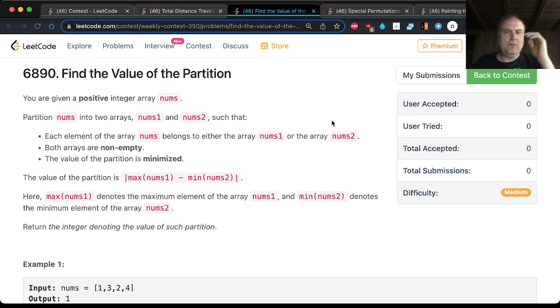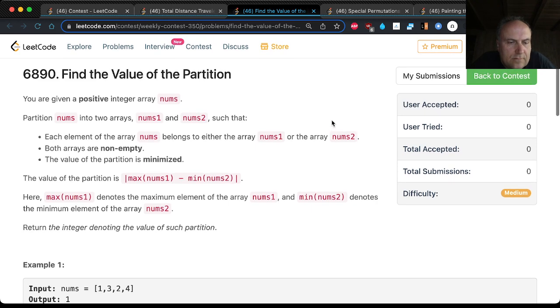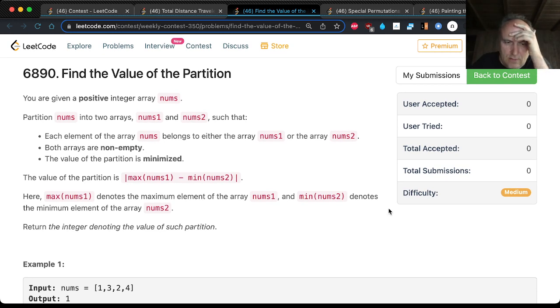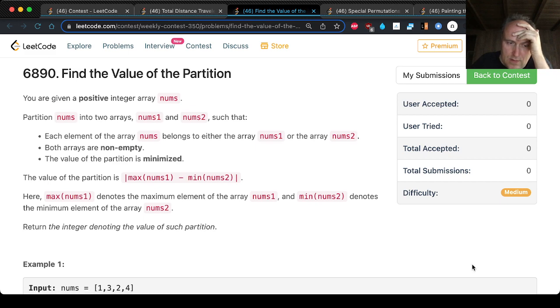Okay, second, find value of the partition. To either array nums 1 or array nums 2. So 1, 2, 3, 4.